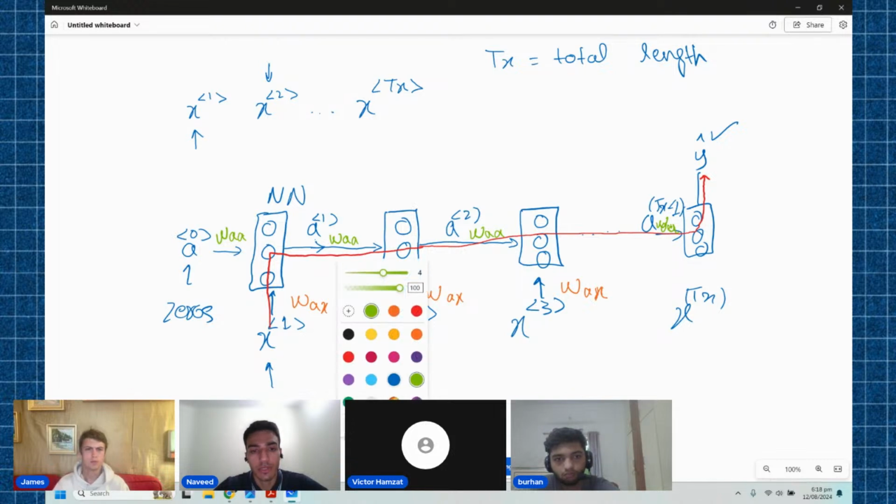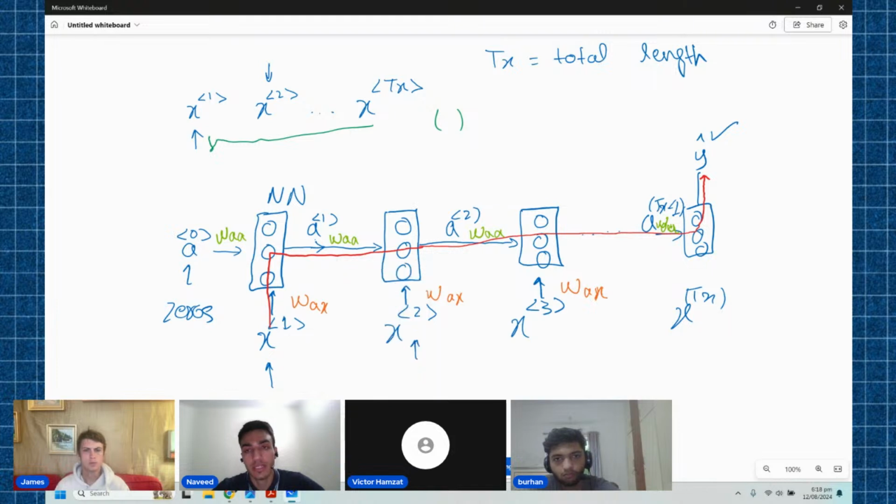Now, for this particular example, just like I said, we are going to be demonstrating through forecasting. In forecasting, we are simply taking the previous n steps to produce the next value in the sequence. That's why we only have a single output by the end of it. But for different examples, let's say if you were using this network for language translation, you would be required to produce an output at every single step.